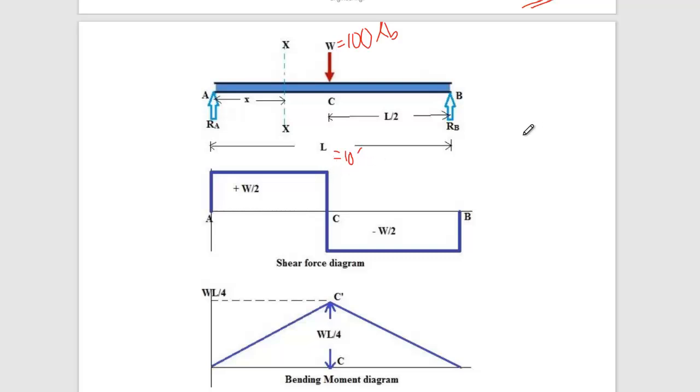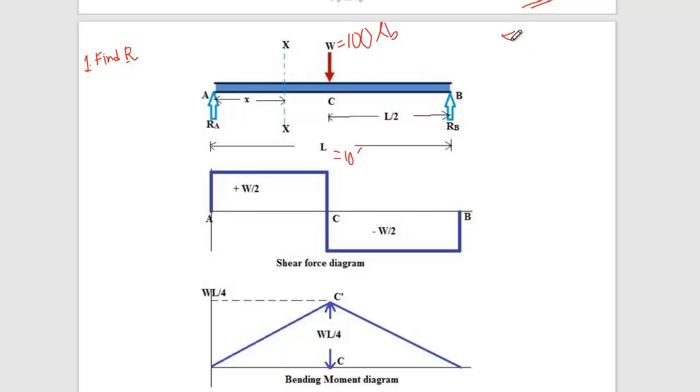The first step of drawing SFD and BMD is to calculate the unknown reactions. Find reactions. Do you understand that? Yes, sir. I hope almost all of you know how to calculate the reactions. So how will you calculate these reactions RA and RB? By taking moment, sir.